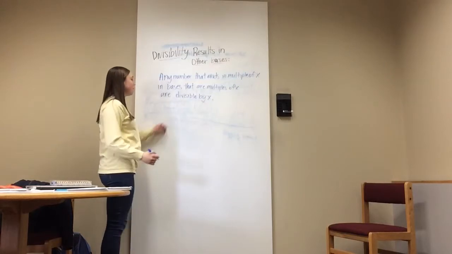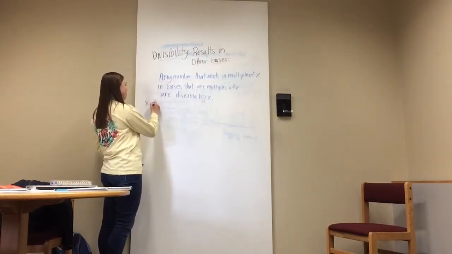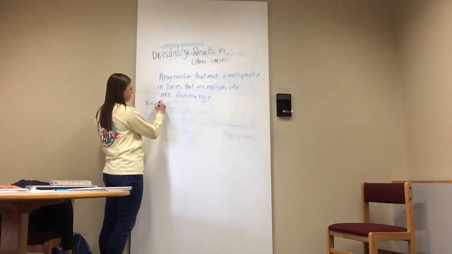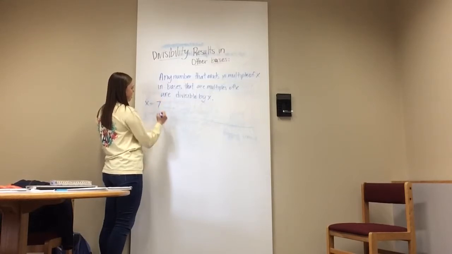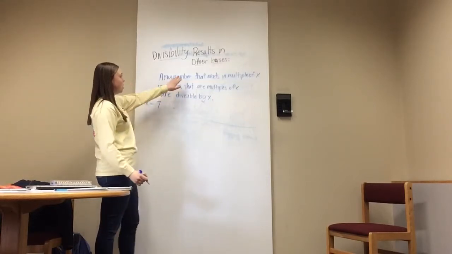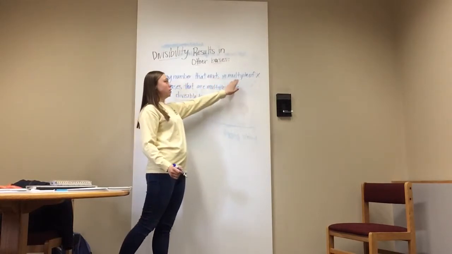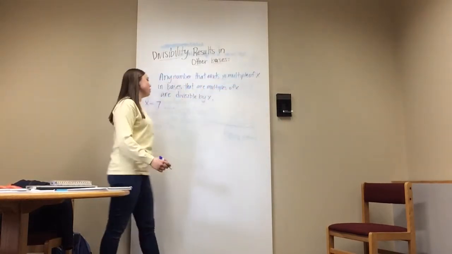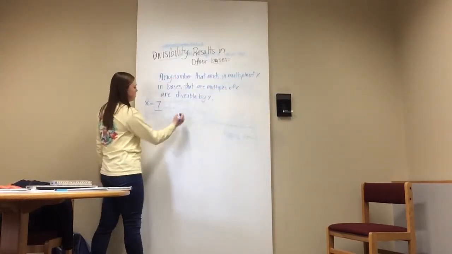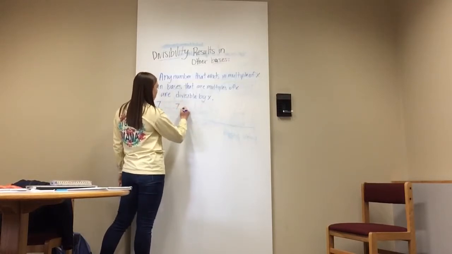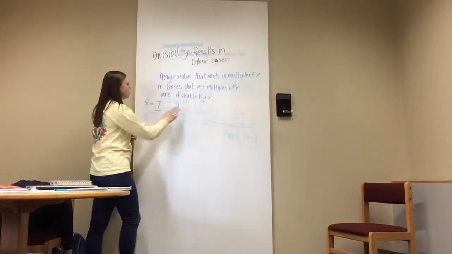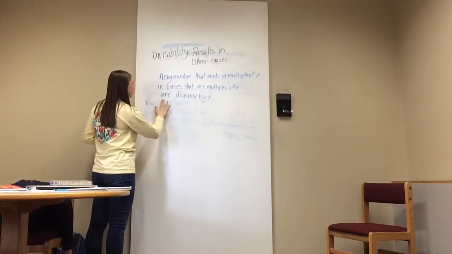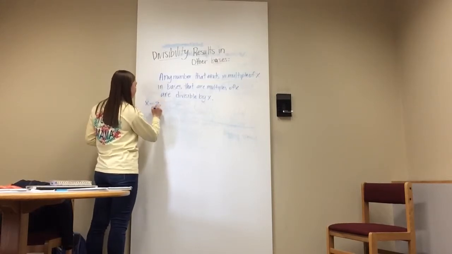Okay, so let's start by just saying that x equals 7 in this situation. So any number that ends in a multiple of x. So a multiple of 7 is going to be 7, or let's use a different x. Let's say our x is 3.